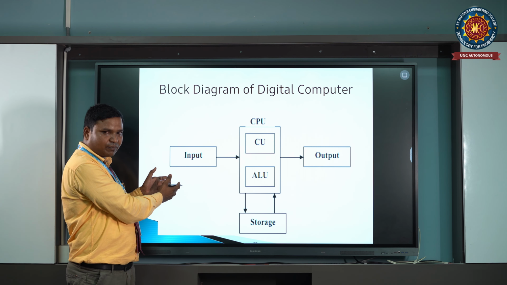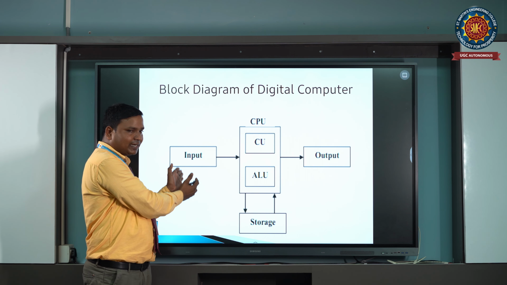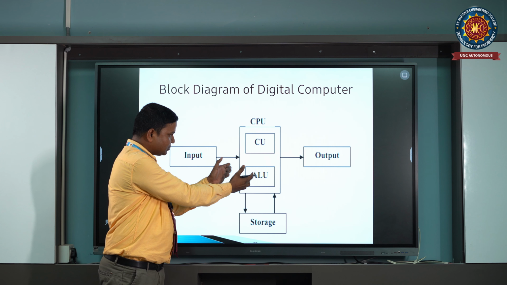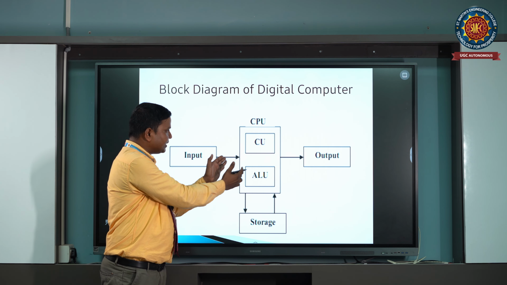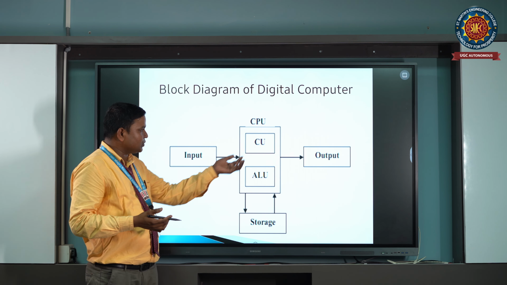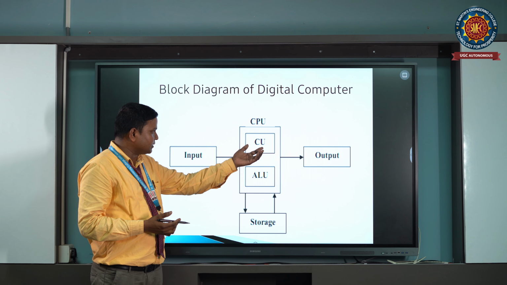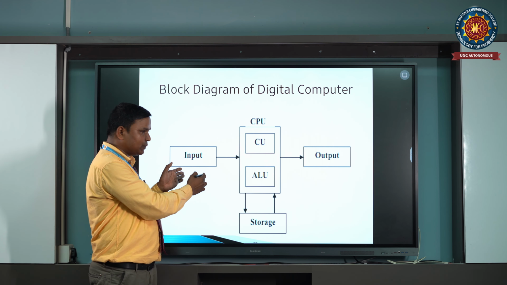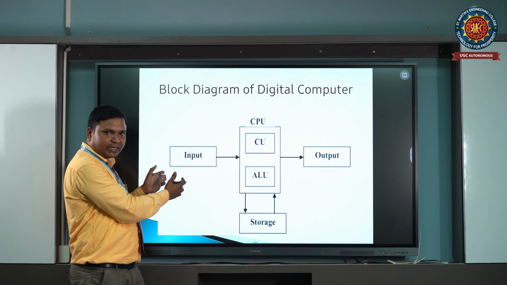The data is sent through the input device to the CPU, the central processing unit. In the central processing unit there are different components: the control unit, ALU and storage.